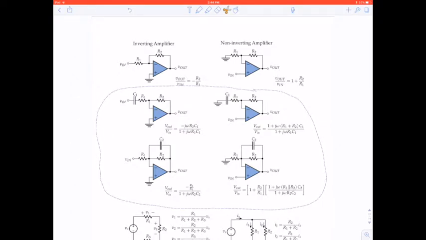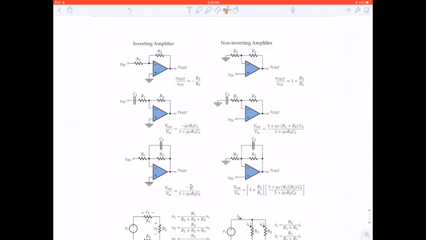If we look at the left-hand ones, the first one blocks DC signals with capacitor C1, so low-frequency signals cannot pass. Once we reach a critical frequency, which is this pole, the C1s cancel and the j omegas cancel, and the gain just becomes minus R2 over R1.